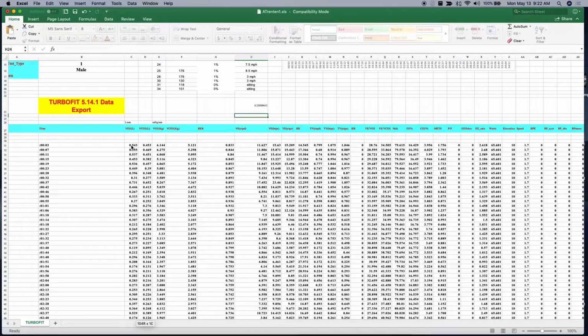And then you just hit enter, and that's the amount in liters per minute that was the average intake for his total oxygen consumption at rest.